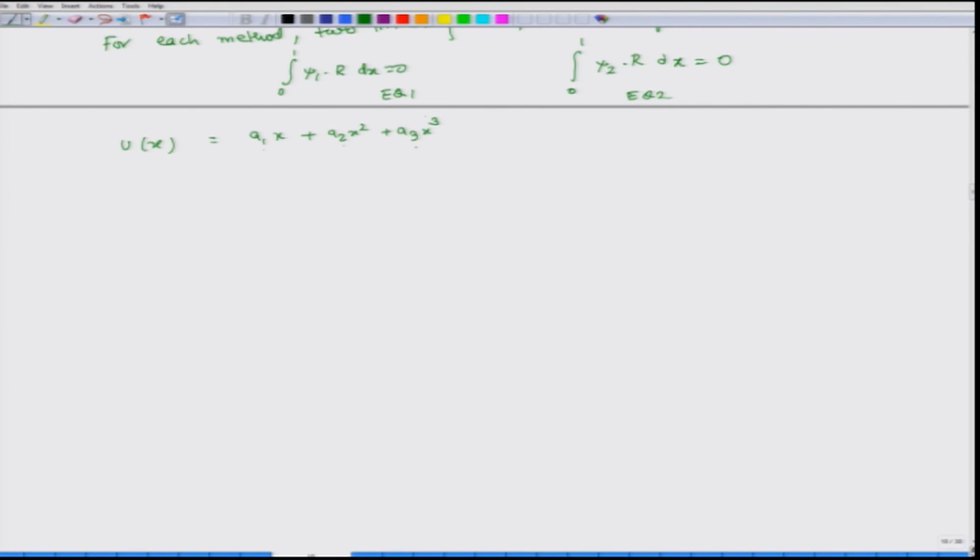Yeah. And what I will do is, I will actually tabulate. So, the first solution method is Petrov-Galerkin, the second method is Galerkin, the third method is least squares, the fourth method is collocation. Okay. And here I am going to write A1, A2 and A3.